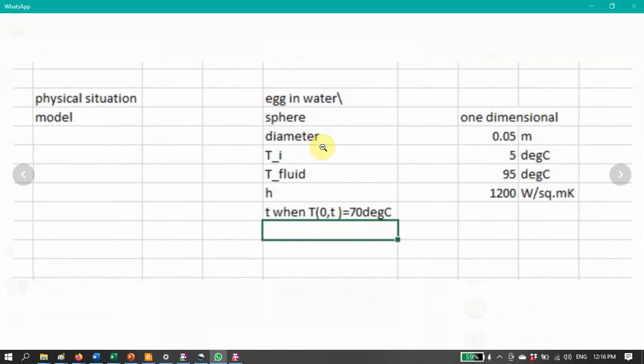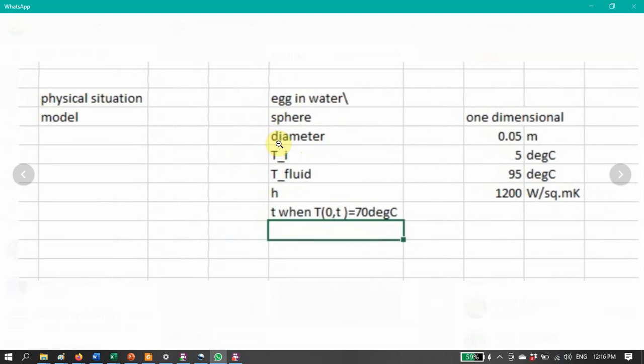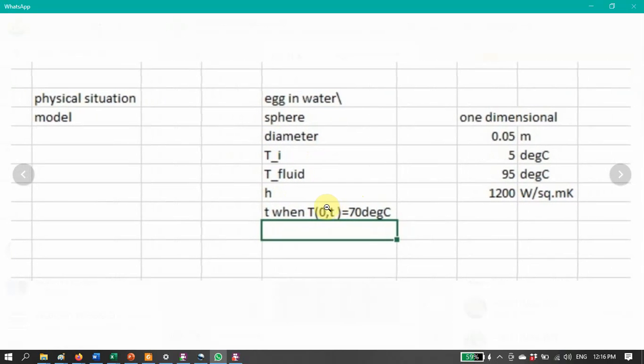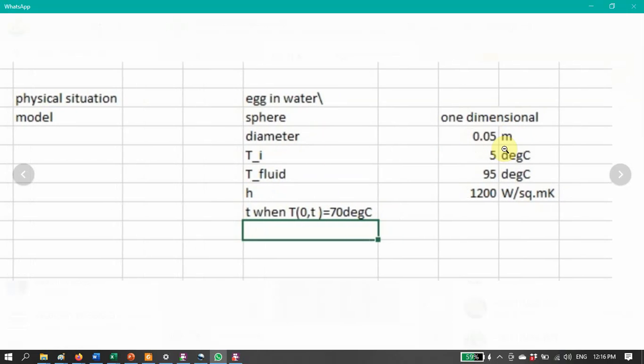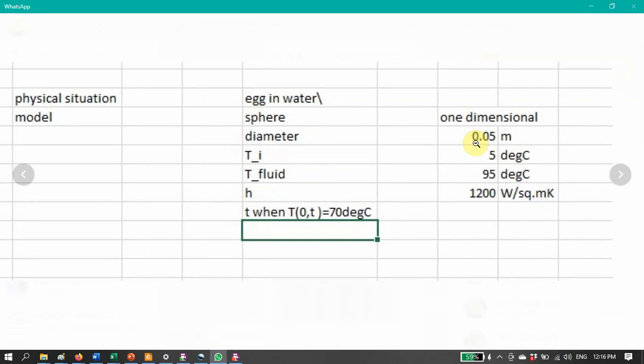And then we say that this is a transient problem because the question specifically mentions a location, right? And then we have the diameter, mentioned there as 0.05 meter.